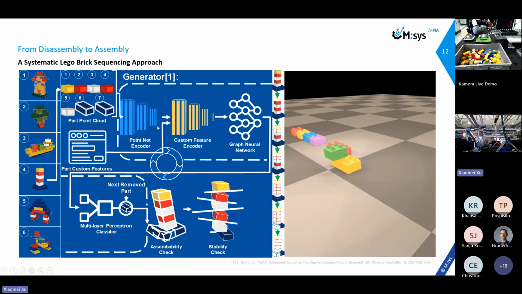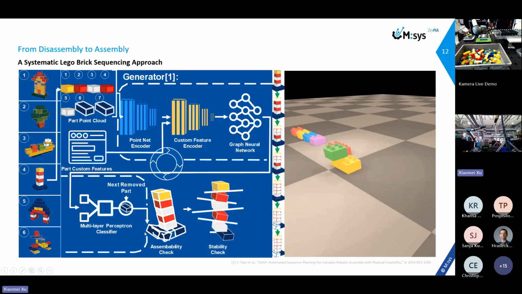It has four modules. The PointNet encoder is used to extract geometry features from the point cloud, and the customized feature encoder handles part-specific data like volume, distance, center of mass, and so on. Then the graph neural network message passing layers and the multi-layer perceptron classifier.